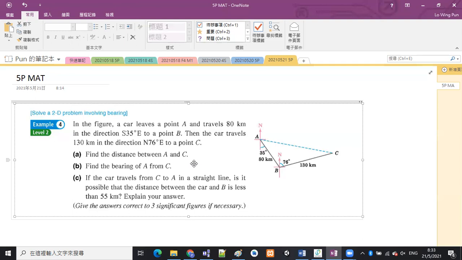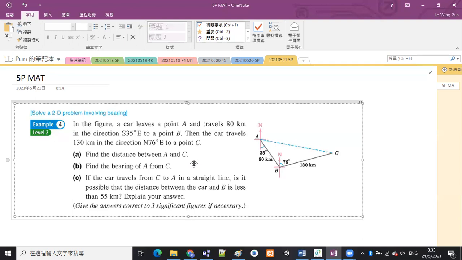The angle is always the angle between the line and the vertical line. Okay, it's always between the line and north or south direction. Okay, so in this case, in the first case, it is south 35 degrees east, right? It should be in the southeast direction, and then it's south 35 degrees east.